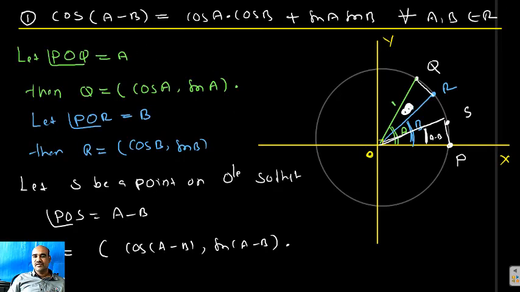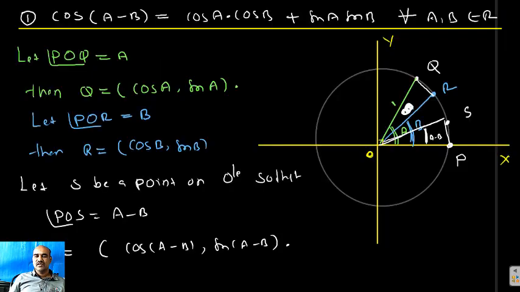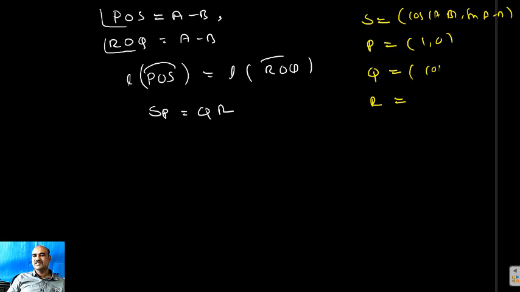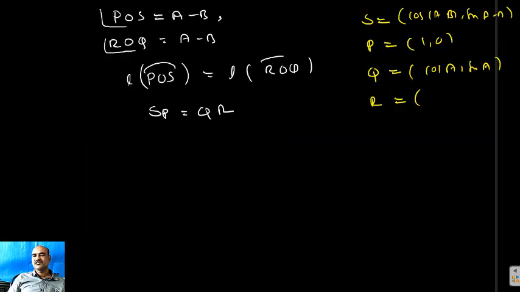P means 1 comma 0, on x-axis. What is Q? Q is cos A comma sin A. What is R? R means cos B comma sin B.